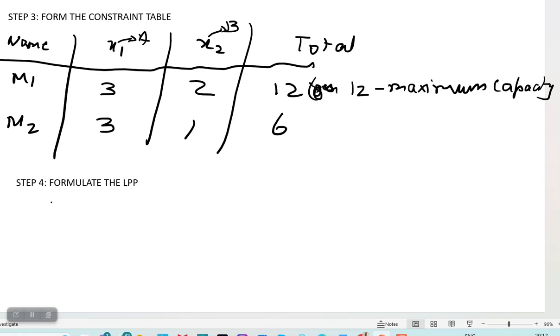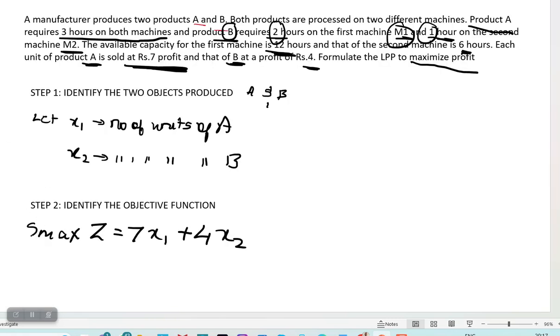We now move to the fourth step, which is to formulate the LPP. The fourth step is very simple. You have to copy what you got in the second step.